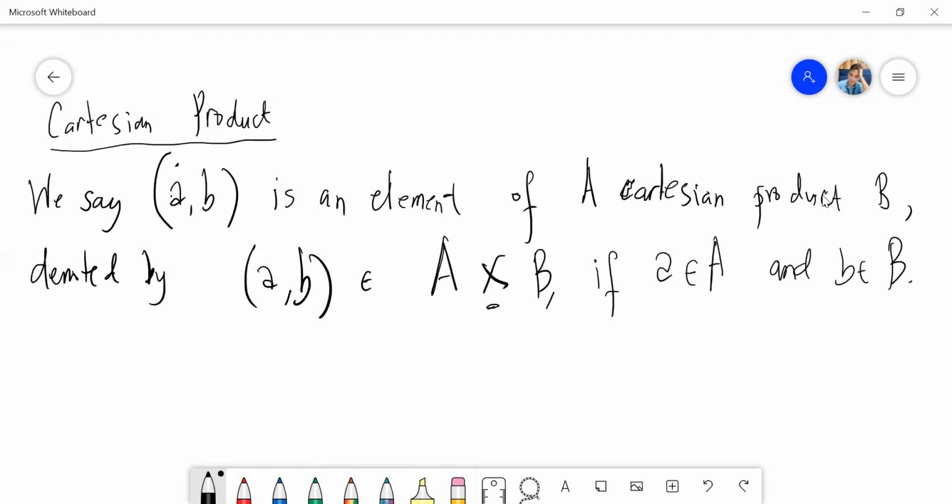The second entry is an element of the second set.